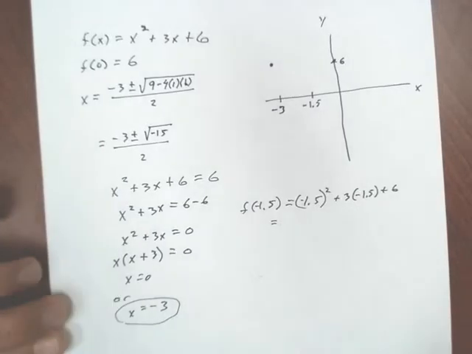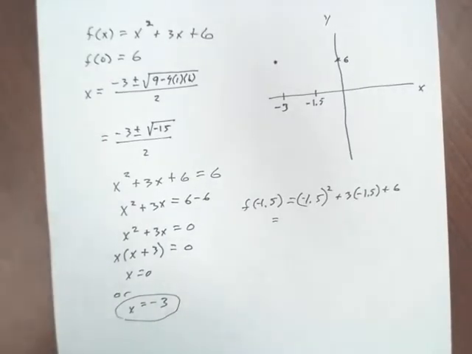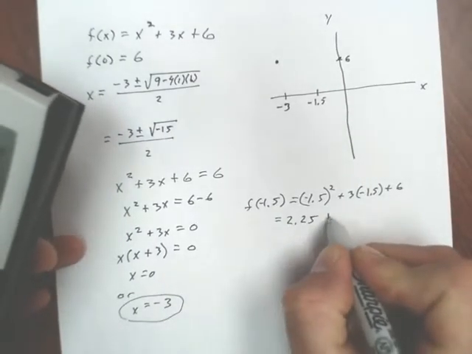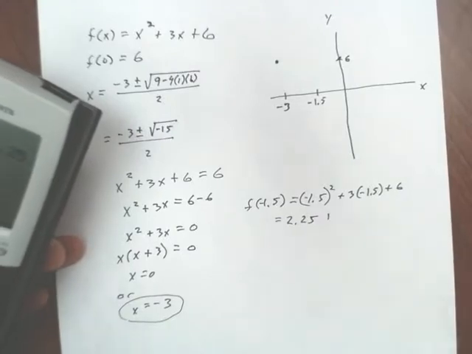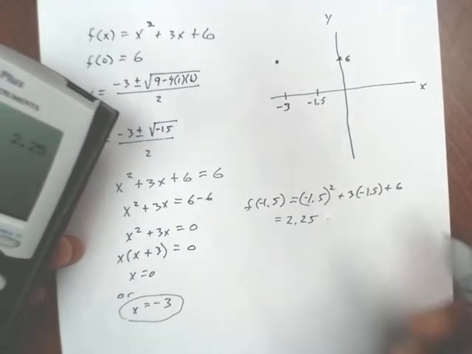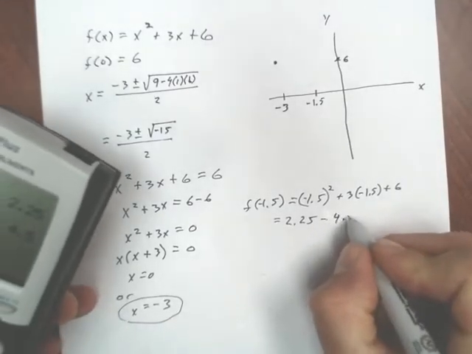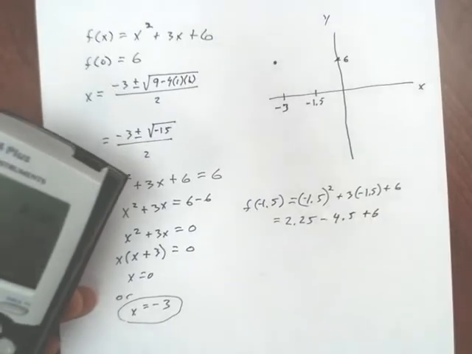So this equals 2.25, minus 3 times 1.5, minus 4.5, plus 6.